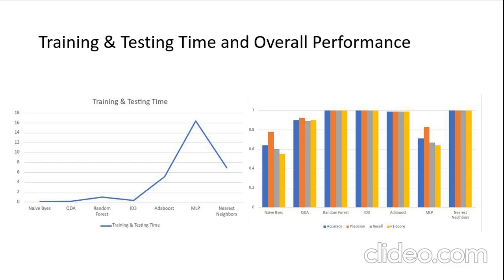Now the data strongly supports the choice. If we look at the overall performance, the random forest algorithm for our purpose consistently achieves perfect accuracy and precision, indicating its excellent ability to identify port scan attack accurately.